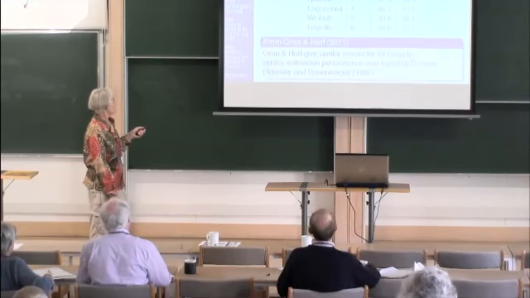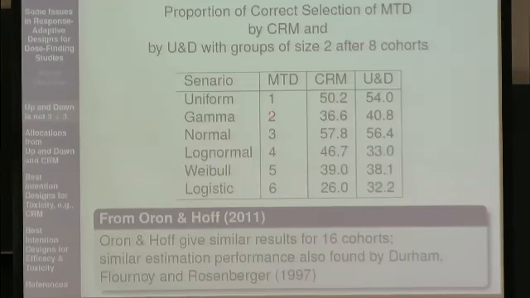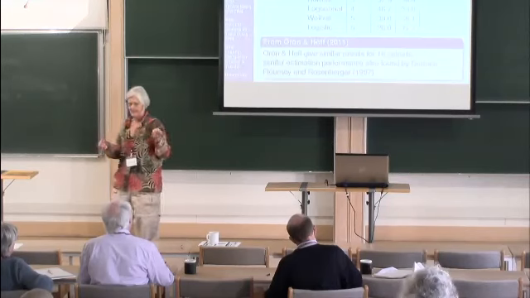The point here is they had a bunch of scenarios, and in each scenario the MTD was at a different dose level. Then they looked at the ability of the CRM to pick out the dose that was closest to the MTD and the percent of time with which that happened. With the CRM, of course, it's the last dose that predicts the MTD.